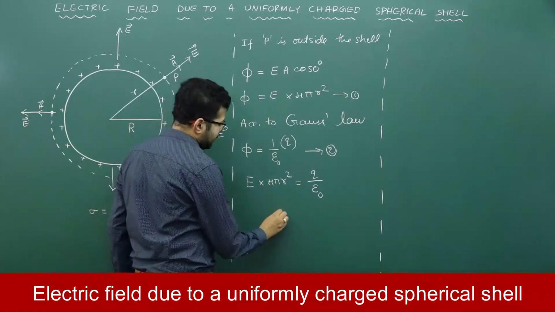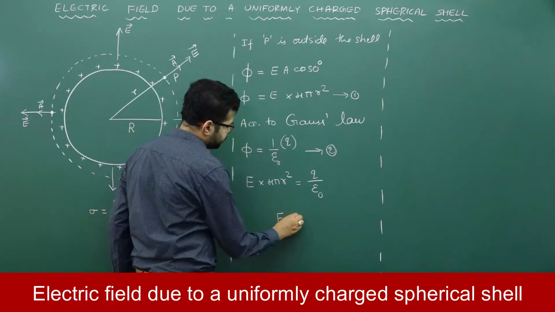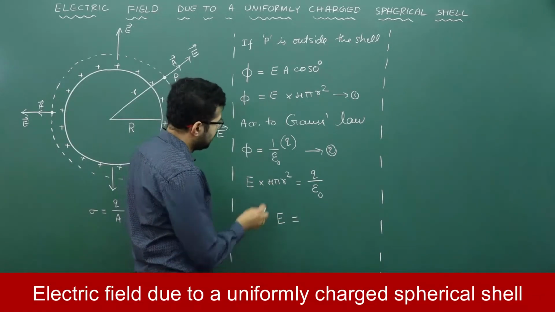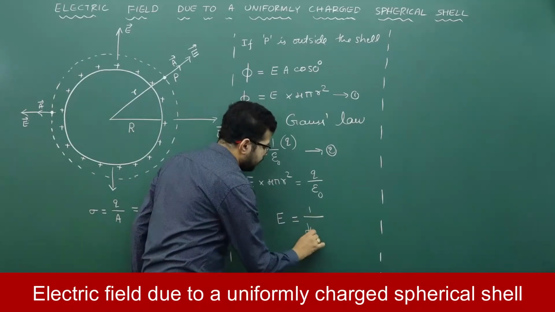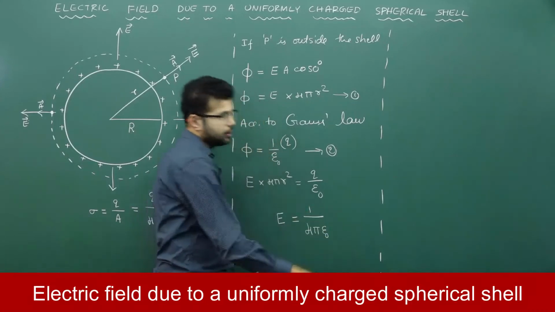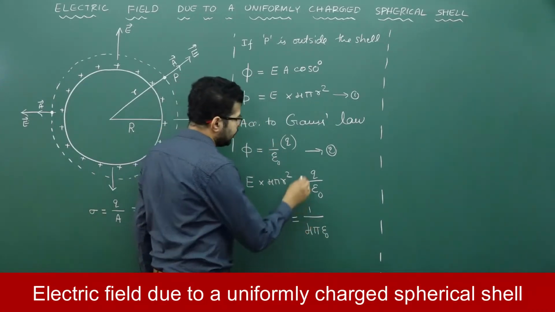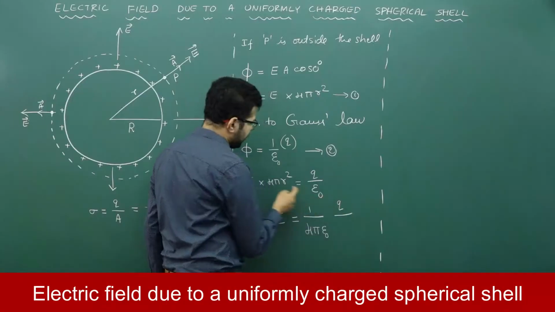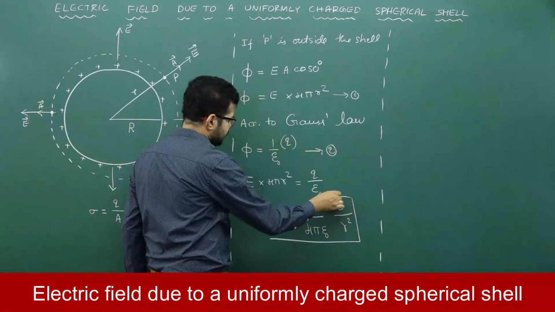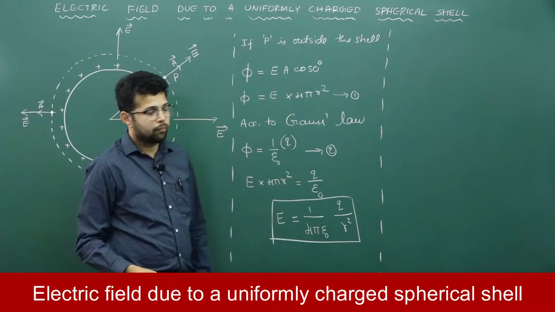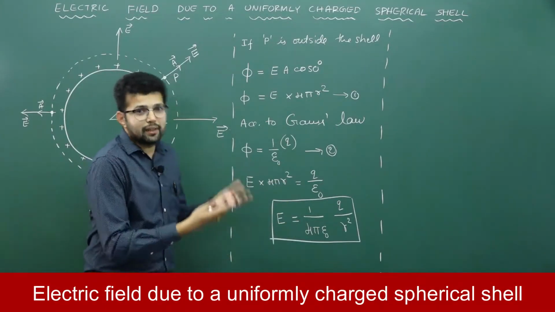Or I can write this as E equal to 1 by 4 pi epsilon naught into q divided by r square, as the 4 pi will come here. Now, this is an expression for electric field at a point P outside the shell.